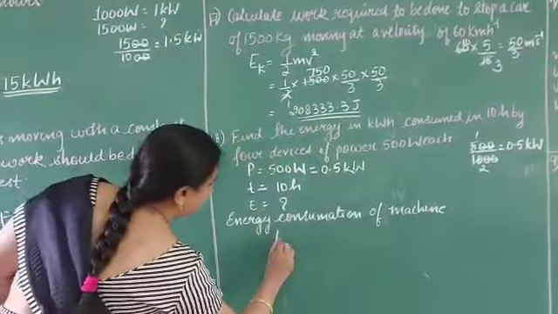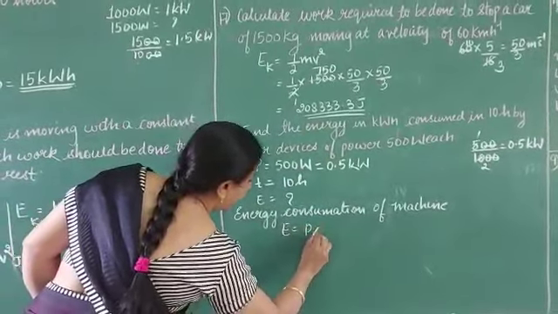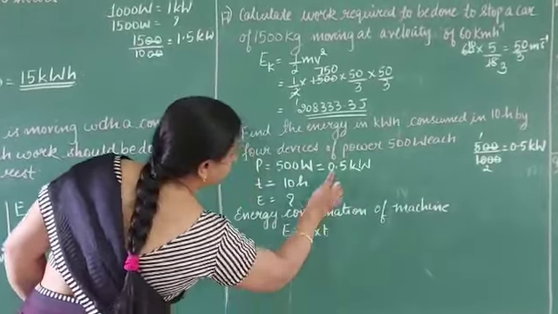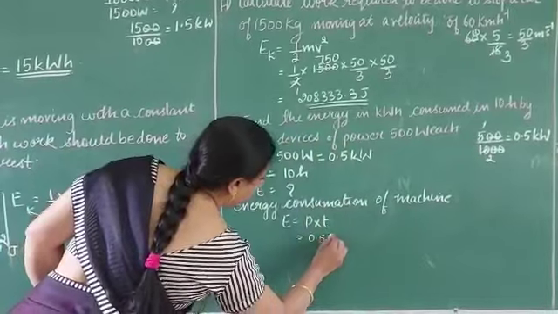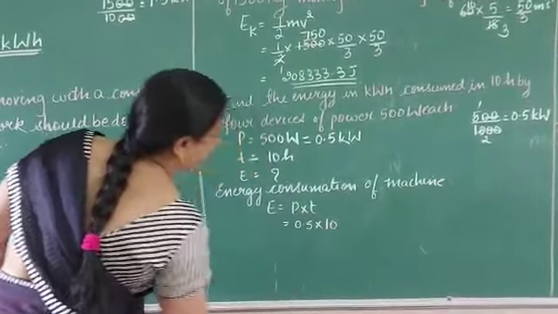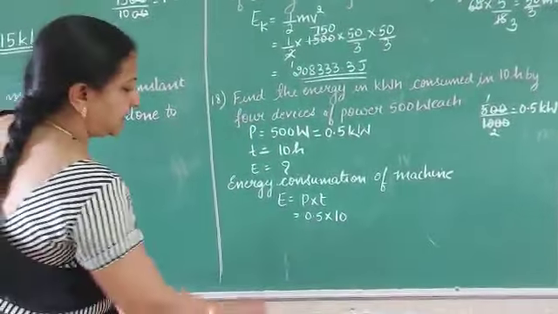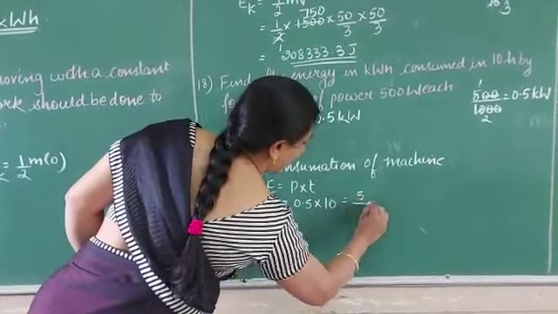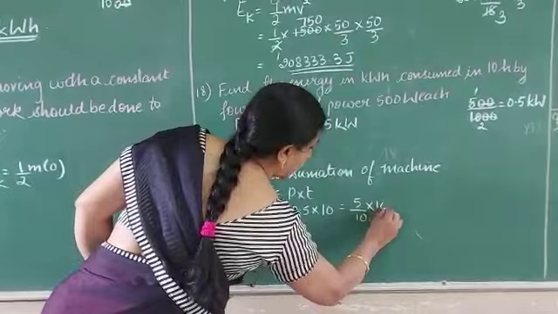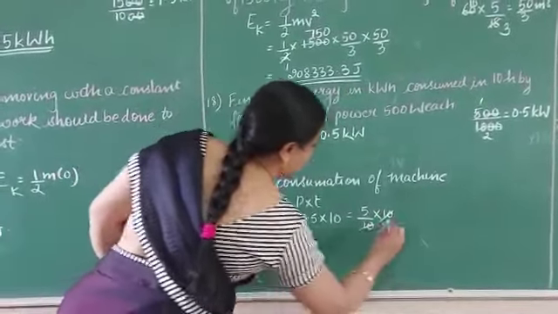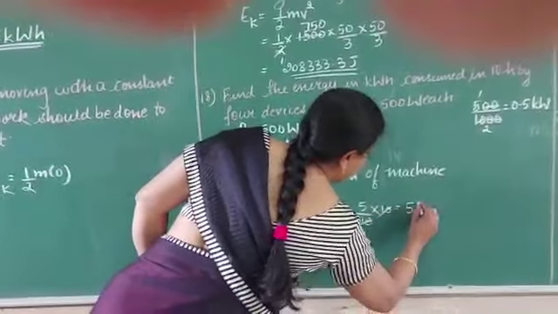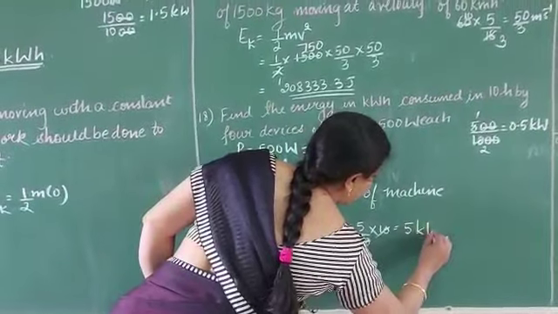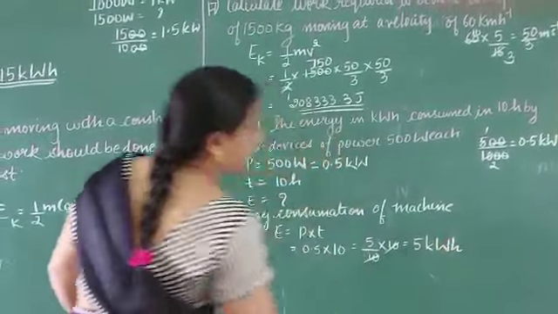Right? So that is E will be equal to P into T. How much is P? 0.5 into T, that is 10. Isn't it? This point and 10 get cancelled. If you do this, that is 5 upon 10 into 10. This gets cancelled. So energy consumed by each machine will be 5 kilowatt hour.